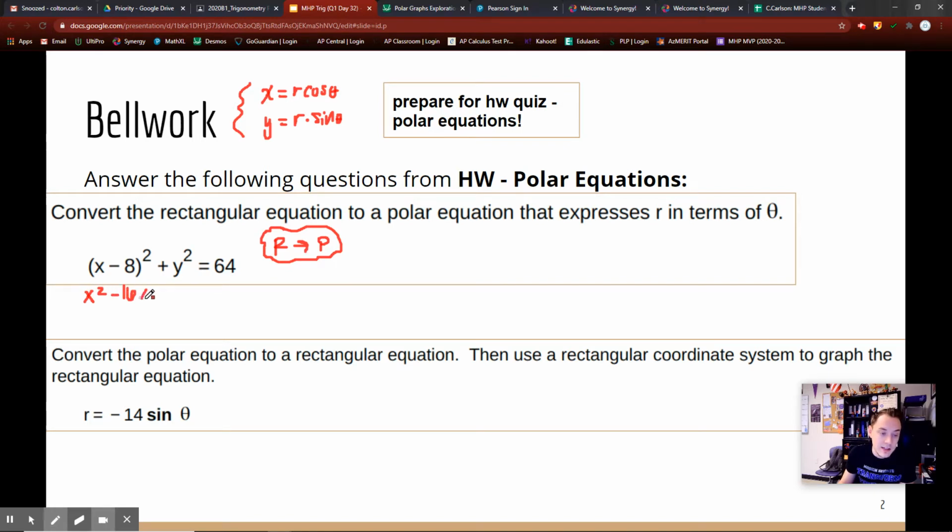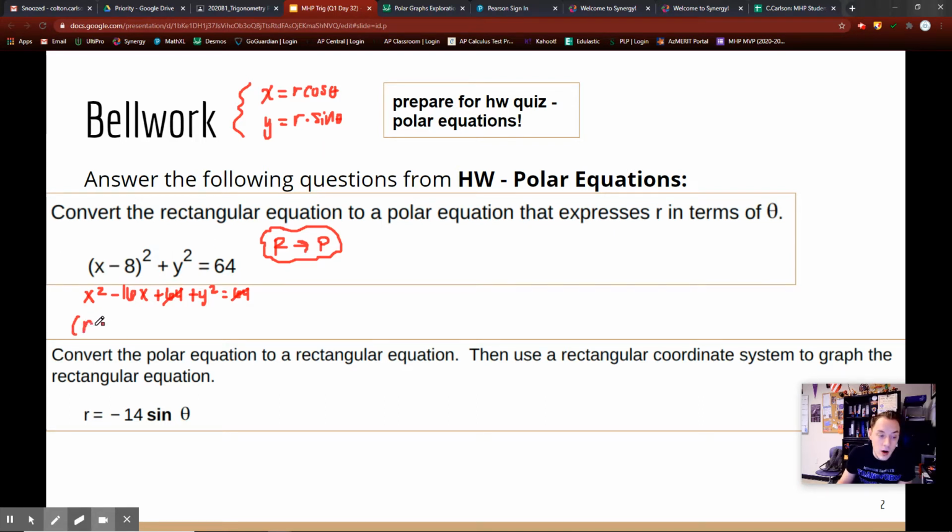This is x squared minus 16x plus 64, then plus y squared equals 64. Now what happens is the 64s do definitely go poof. And then I'm going to substitute my x's for r cosine theta and my y for r sine theta. So what's going to happen is this.